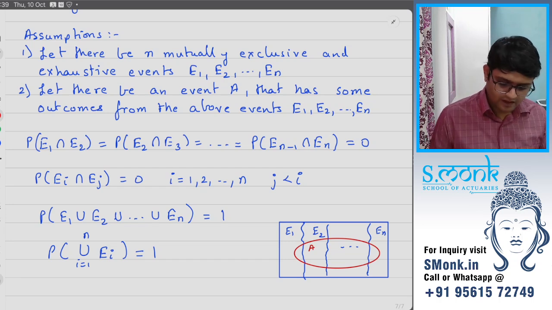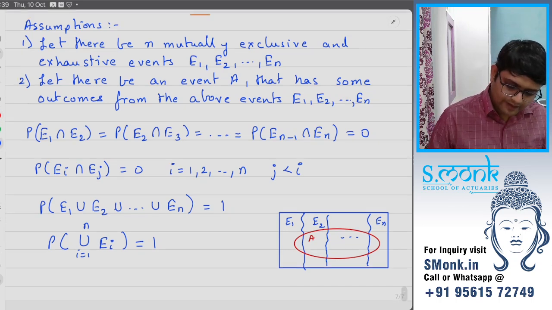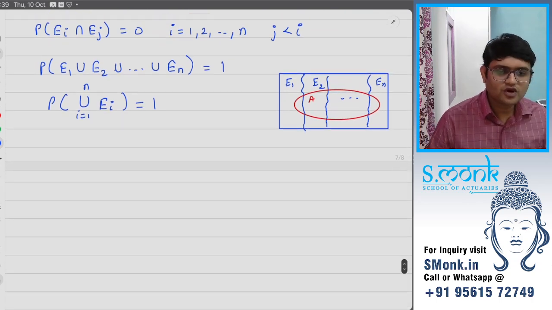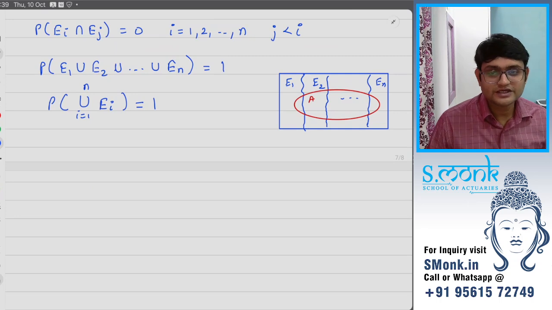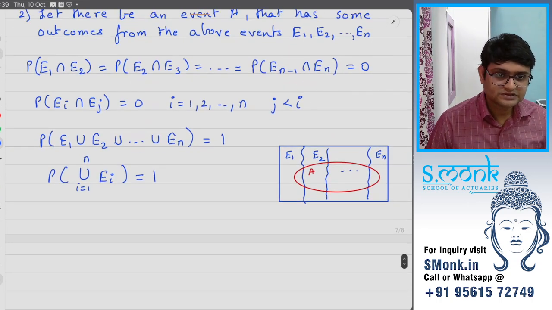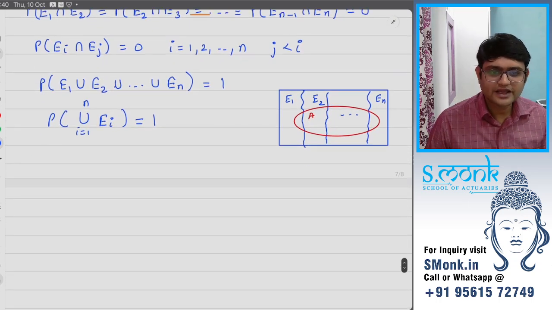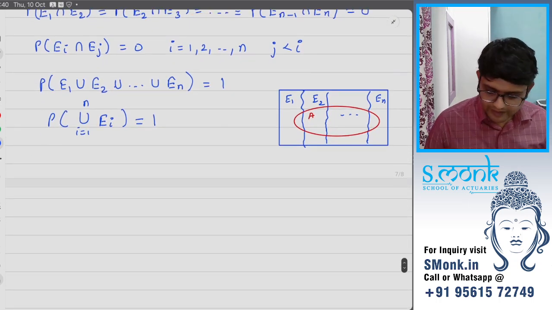Now law of total probability says, okay, before law of total probability I should have talked about conditional probability. So we will have to talk about conditional probability and then come back to law of total probability. My mistake.